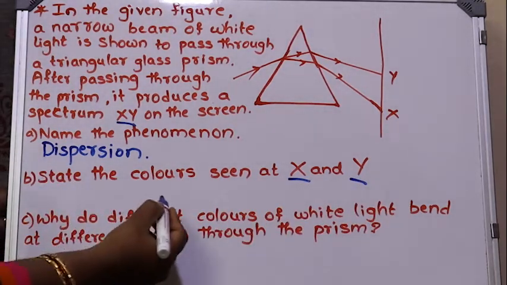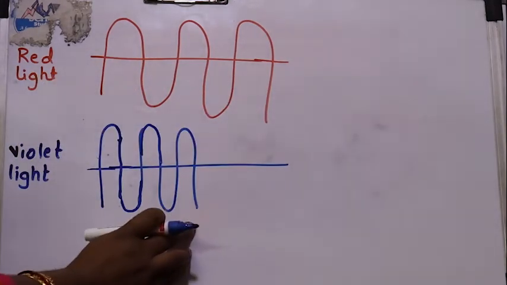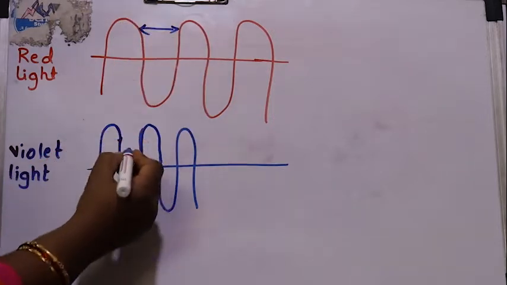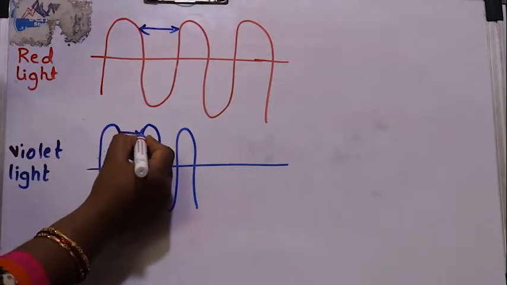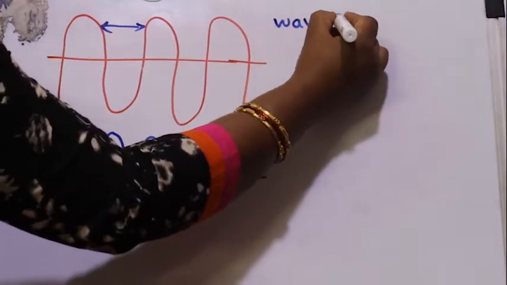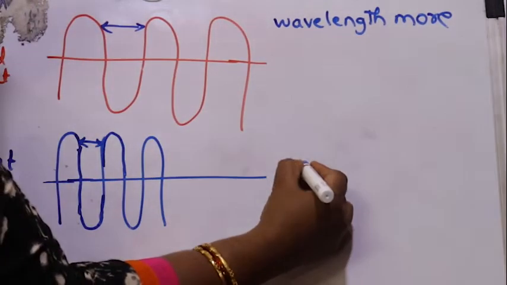Before answering this question, let us consider this red light and this violet light. The wavelength of the red light is more, whereas the wavelength of the violet light is less.